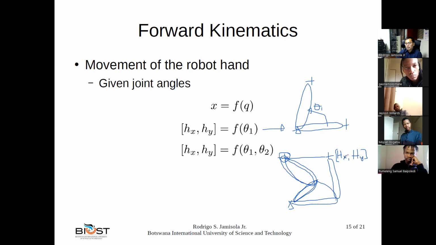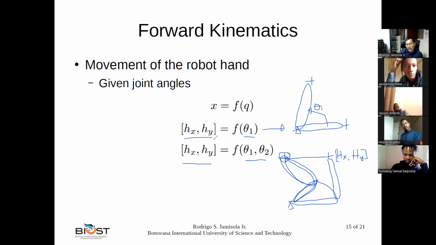Now your movements in the X and Y directions are not constrained to be coupled to each other. They can move independently. So two independent variables, theta 1 and theta 2, result in independent movement of HX and HY. But here you only have one independent variable, and so the movements of HX and HY are coupled.